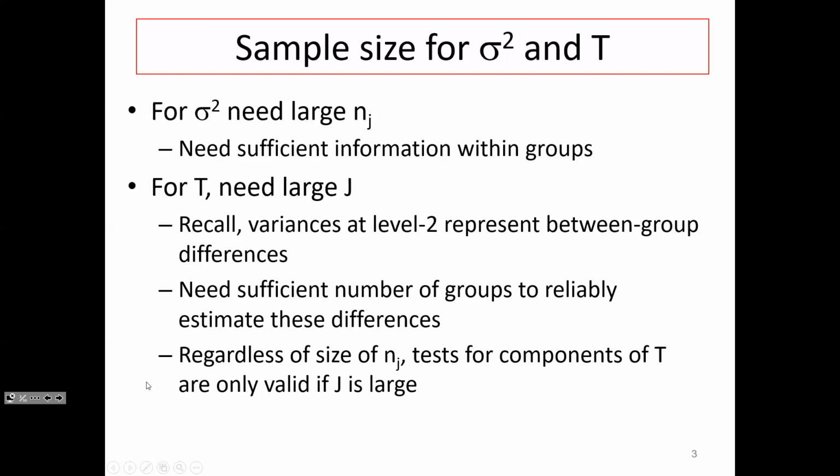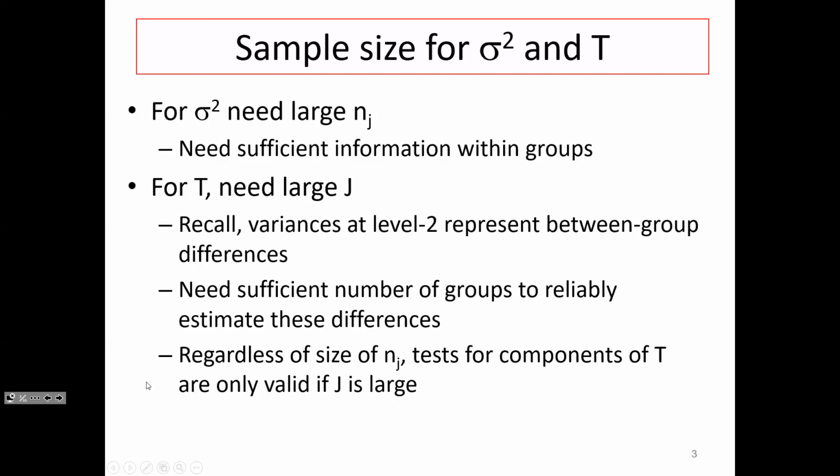If I only have 10 clusters, for example, and you're getting this tau matrix, that tau matrix is based on the variances generated using only 10 clusters. And because they're between cluster variances, the sample size for thinking about that tau matrix isn't thousands, it's really 10. Do you follow what I'm saying?